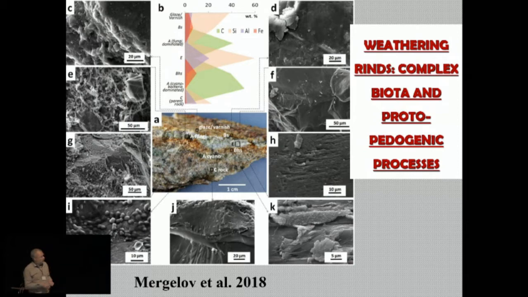For example, this study by Nikita Mergelov and co-authors on Antarctic endolytic soils, weathering rings, which show a very complex population of microorganisms, and also a complex set of processes which we could consider pedogenic: not only transformation, etching, dissolution of primary minerals, but even a small alluvial profile with something like a bleached horizon and a horizon of accumulation of iron oxides, all in the solid material.